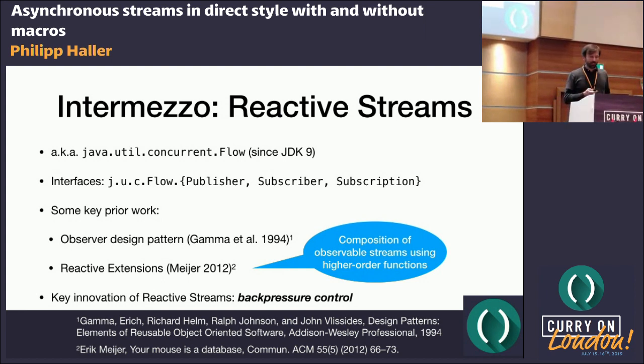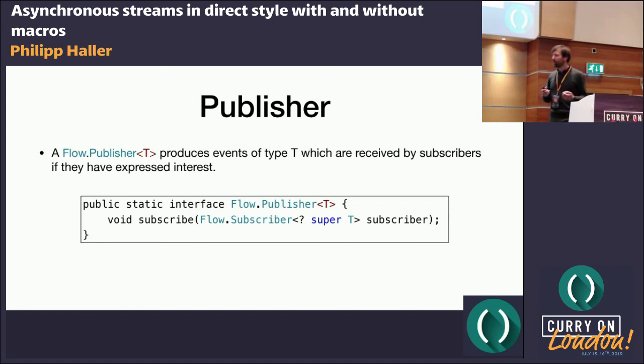The first one is Publisher of T, and I'm using Java syntax now because this is how they are defined in the JDK since version 9. Publisher of T emits events of type T, and they're received by subscribers.